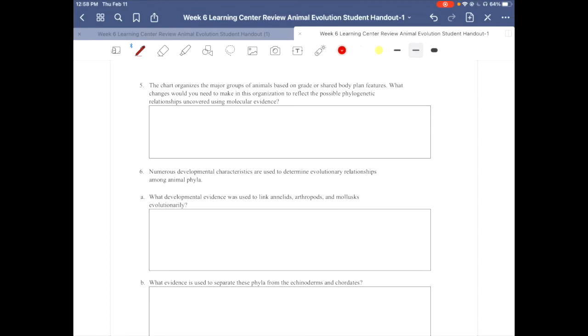Since it's asking about molecular evidence, I would look at recent DNA analyses, and what we found was that the nematodes and the arthropods should be grouped together as Ecdysozoa, because they're listed among the deuterostomes and it keeps the phyla along the same group. So I'm going to write that down.